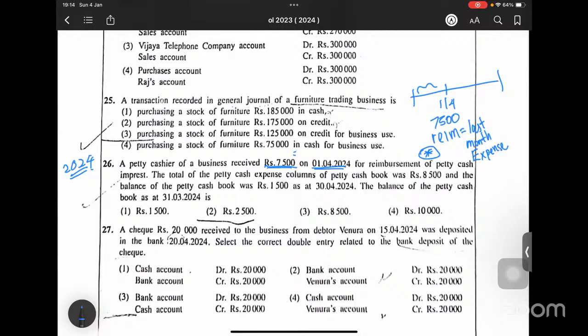The total of the petty cash expense column of the petty cash book was 8,500 and the balance of the petty cash book was 1,500 at 30th April 2024.